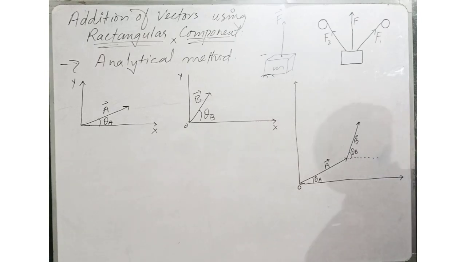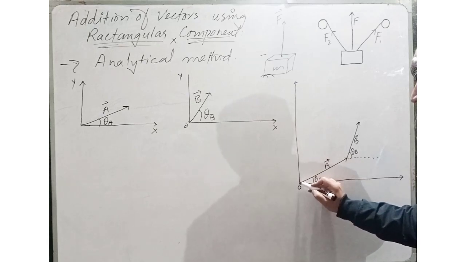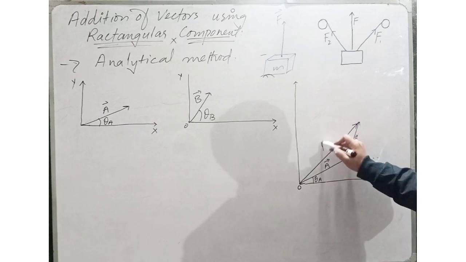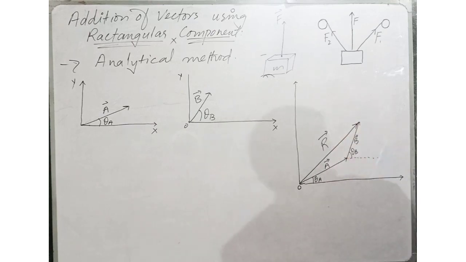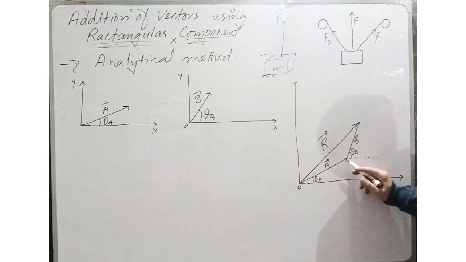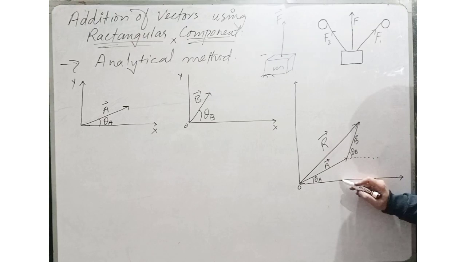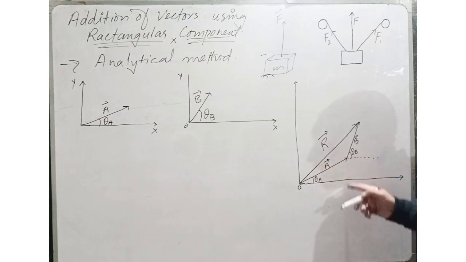Now in order to find the resultant vector, we have to join the tail of first with the head of last. So this will be our resultant vector R. Okay. Now you can see that vector A has an effective component along x and y axis, because it is lying in the xy plane.